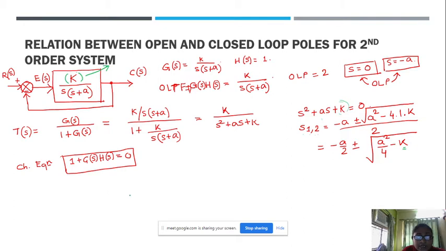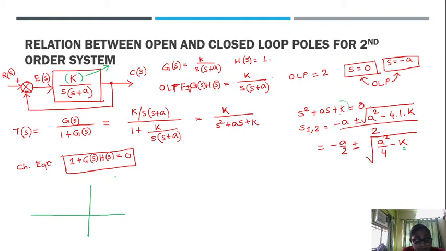Just look here, suppose this is the open loop pole. Initially I am trying to draw this part. Suppose my system is like this. This is the S plane. This is the right hand side of the S plane and this is the left hand side.